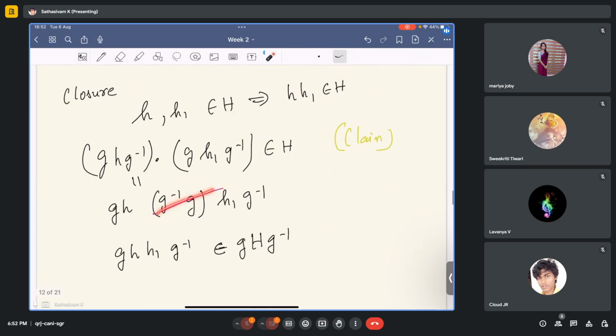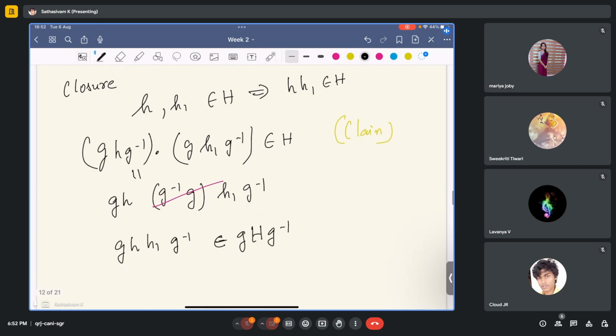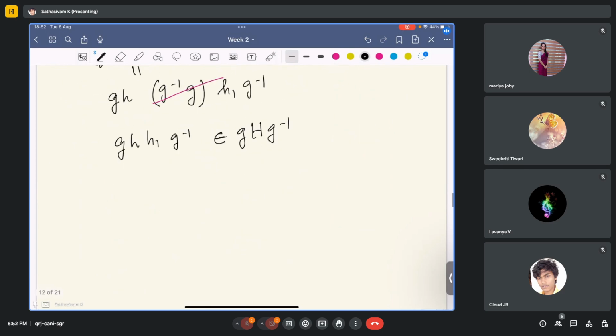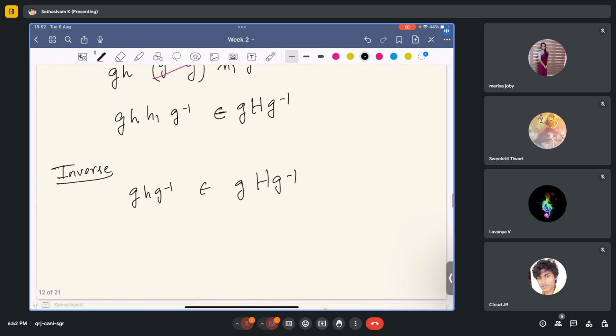Basically, we are cancelling it out. That's all. Now let's do the inverse, not associativity. Let's say I take g h g inverse belonging to gHg inverse. Now what is the inverse of this?